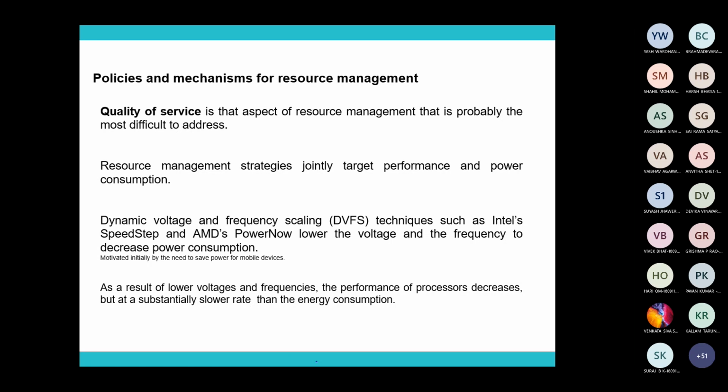When you decrease the frequency, the energy consumption will be reduced, but at the same time it affects the performance also. As you decrease the frequency of the processor, the energy consumption is reduced, and at the same time the performance also decreases.